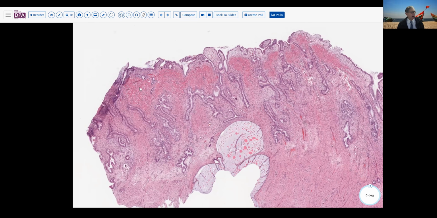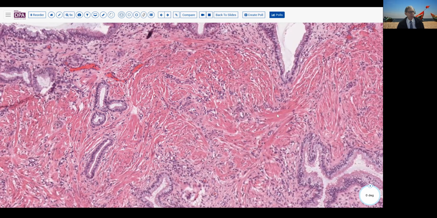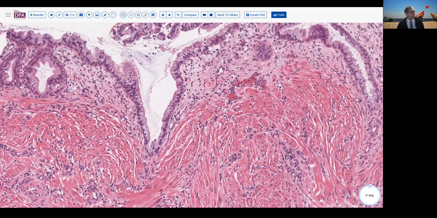As we come to higher magnification, I think you'll appreciate that this also is smooth muscle type tissue. It has fascicular architecture, bundles running in different directions, very pink cytoplasm, and very bland appearing nuclei. And obviously it's quite distinct from the surrounding normal endocervical mucosa.